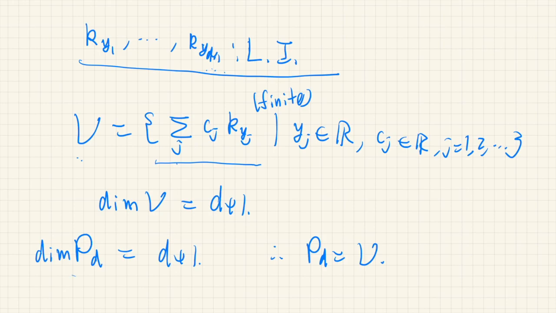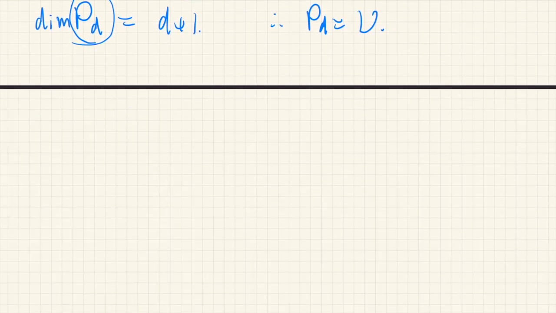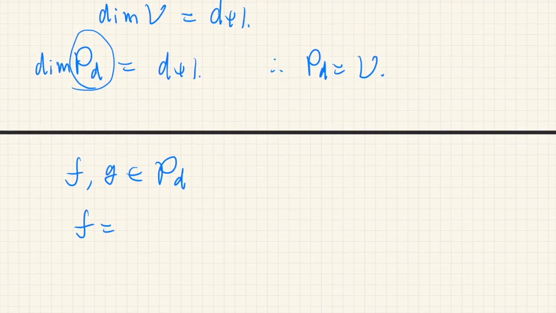So all of the polynomials with a degree of at most d can be represented as a linear combination of these reproducing kernels. And we can introduce an inner product in this space. Let's say f and g are polynomials with a degree of at most d, then they can be represented as a linear combination of the reproducing kernels.